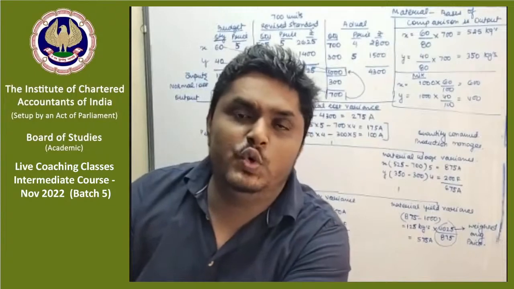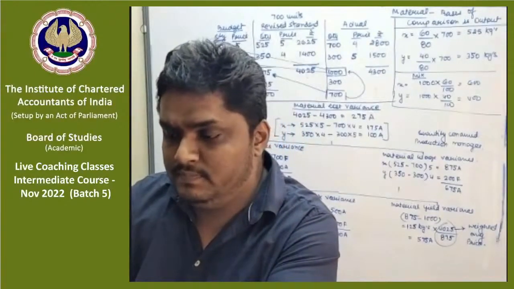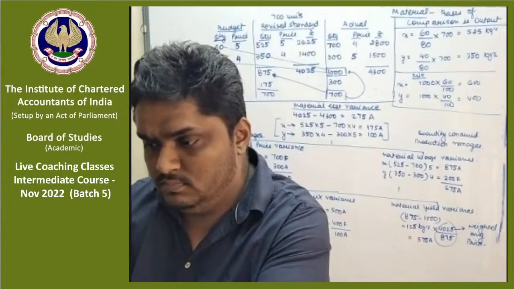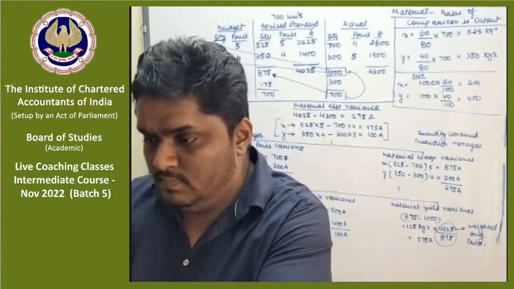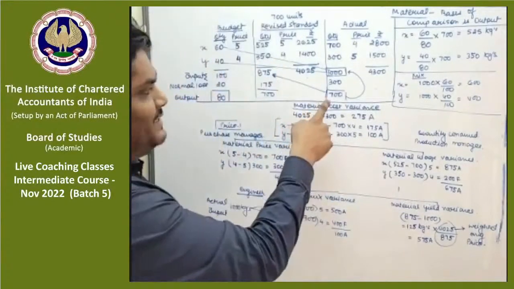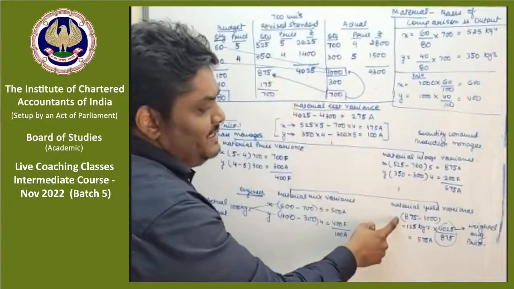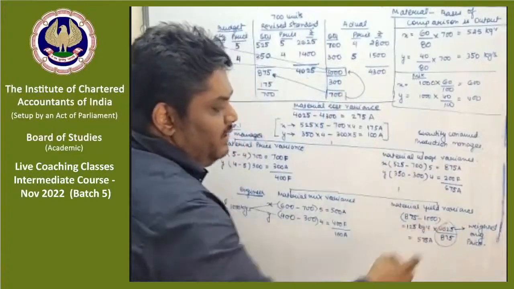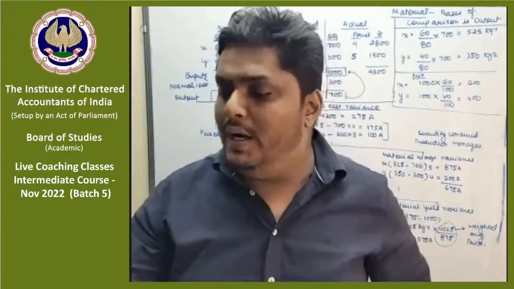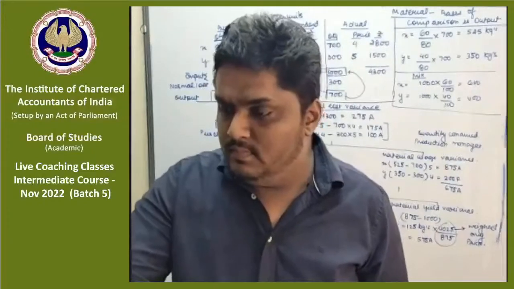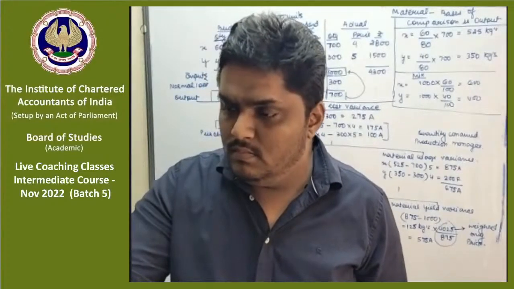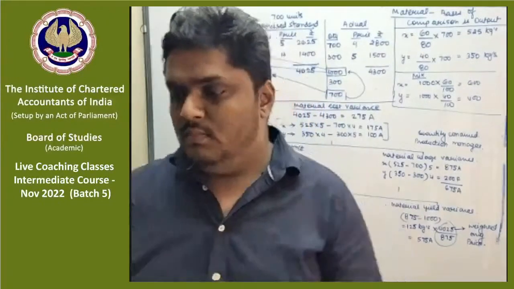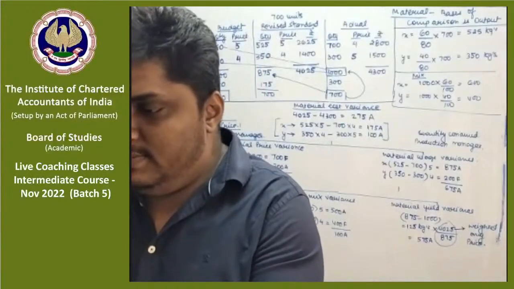I'll be discussing 2 to 3 questions, Shweta Jain, don't worry. See, for 700 units of output, 875 kgs were supposed to be used, but we actually used 1000 kgs as actual input. So this is how I got 125 kgs. Anyone else having any queries?